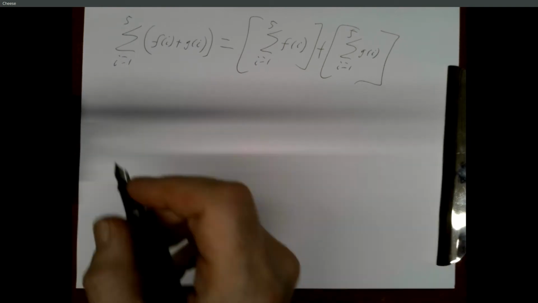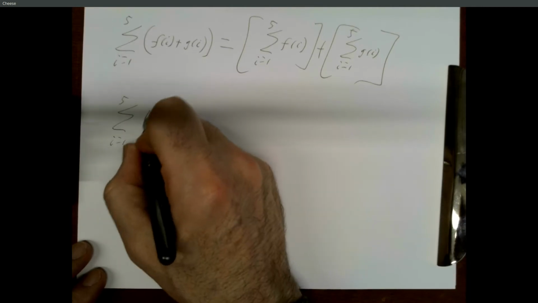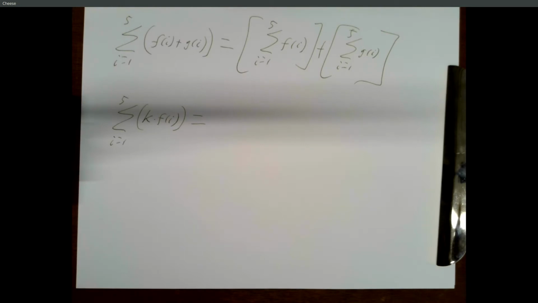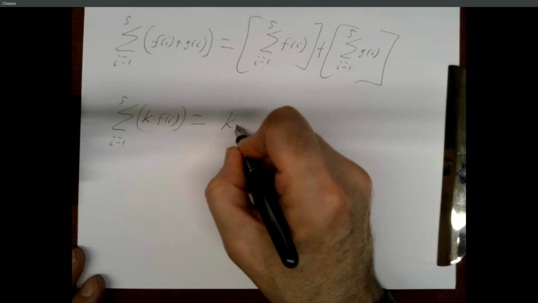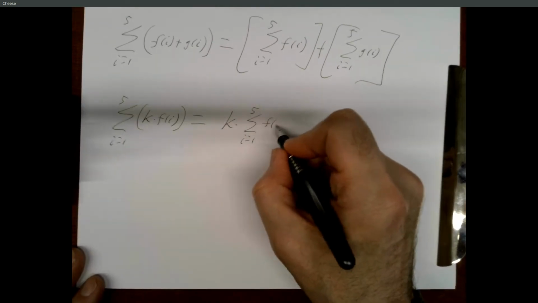So that's a bit of associativity and commutativity in there. And if we're adding up some constant multiplied by a function, that's the same as a constant multiplied by the sum of just the function.